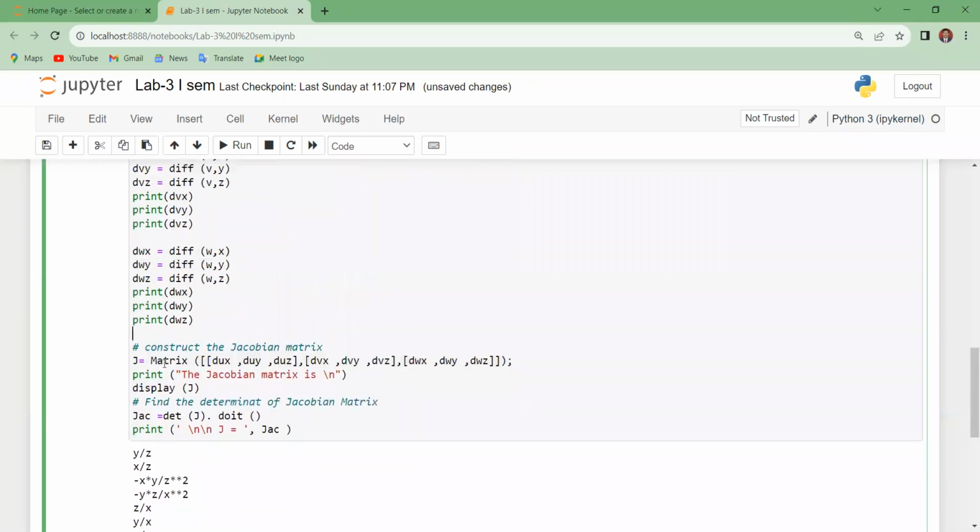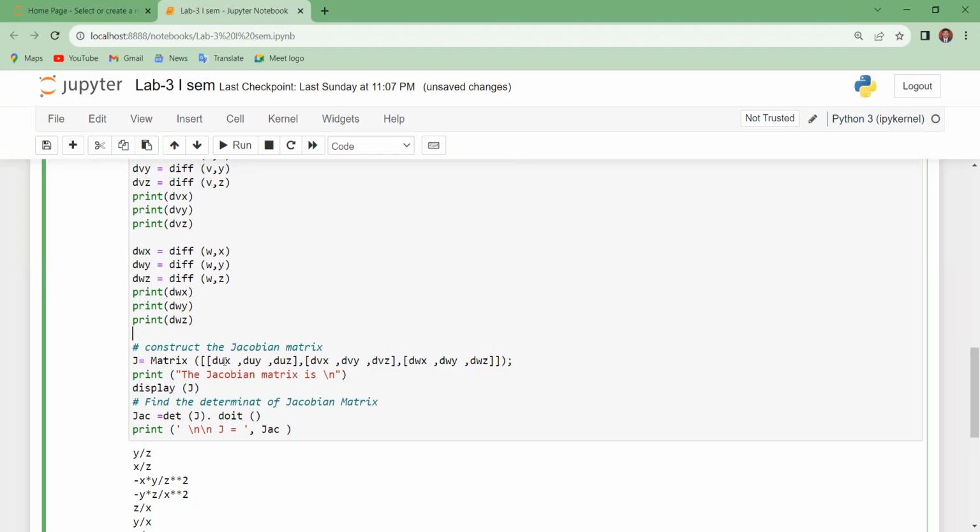Okay, then we have to construct the Jacobian matrix. So how do you write the Jacobian matrix? J is equal to Matrix of, starting with a curvy bracket, then you use a box bracket. In that box bracket, first dux comma duy comma duz.